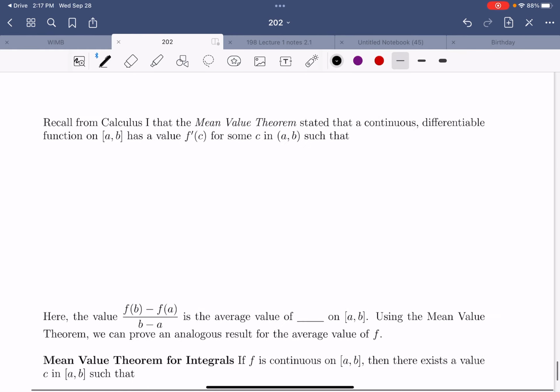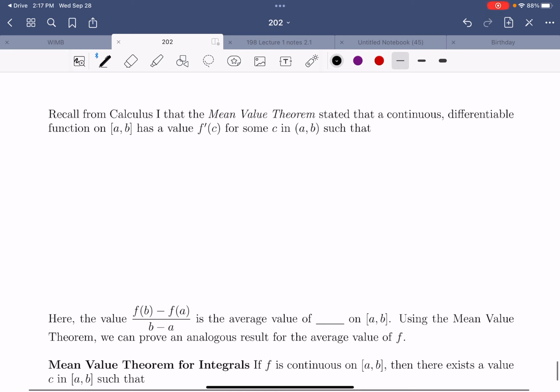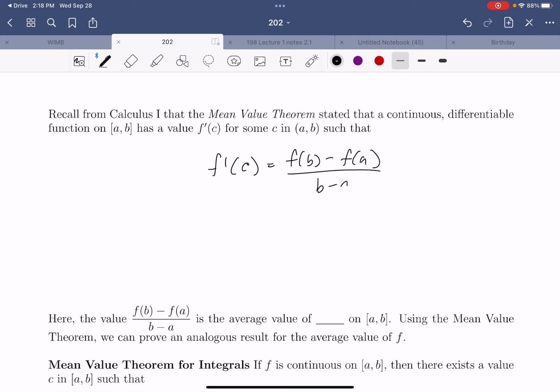Now, a consequence of this is that we end up with something related to the mean value theorem. If you think about the mean value theorem from calculus, it said that if f is continuous and differentiable on a to b, there is a value c in a to b such that f prime of c is equal to f of b minus f of a all over b minus a.